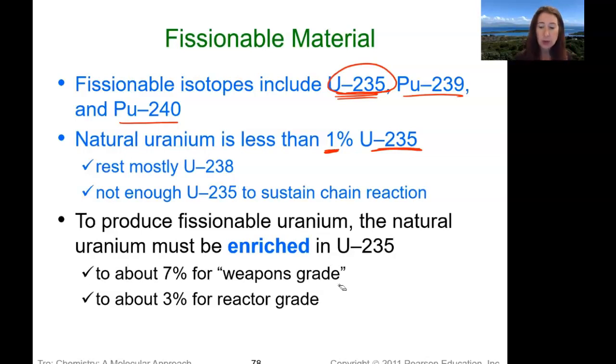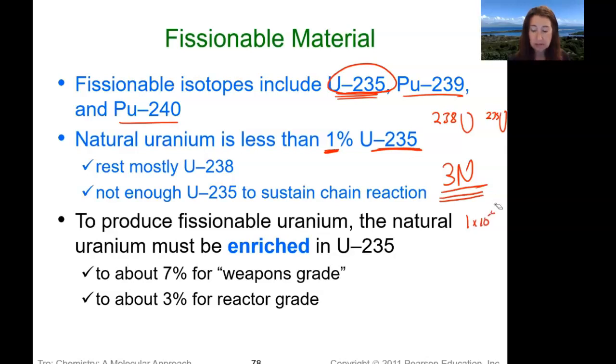Because remember, the only difference between uranium-238 and uranium-235 is the mass of 3 neutrons. A neutron's like 10 to the minus 24 grams. Okay, think of how you separate your liquids in class.